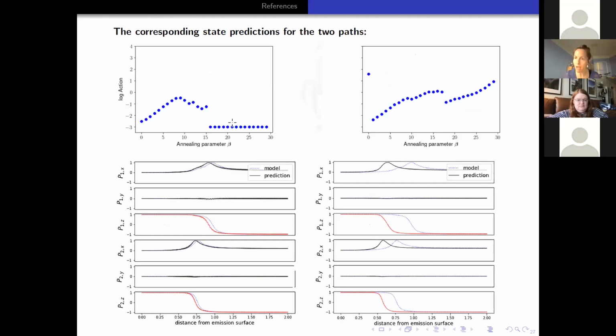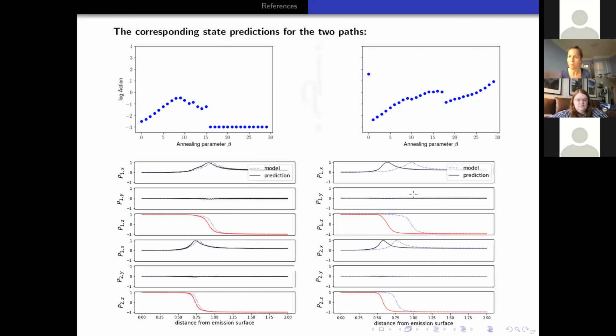And here's what I mean by the solution. I mean the series in radius of all your state variables, px, py, pz for neutrino 1, px, py, pz for neutrino 2. And I think you can see that the path that found the global minimum comes much closer to pinpointing the location of the MSW resonance than does this one.